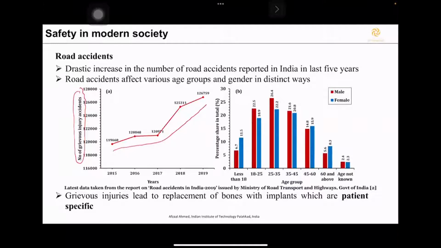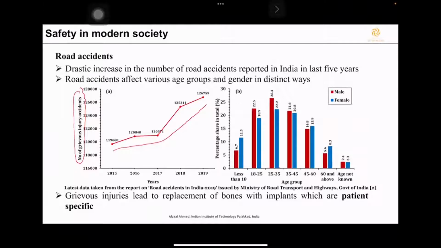Now on the other graph, this is highly dependent on the age group as well. This data was again available in tabular form, but we cannot understand tables in a better way, so we plotted it. The red one shows male and the blue one shows female candidates who are meeting these accidents.